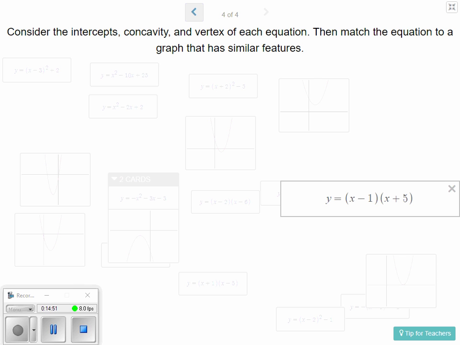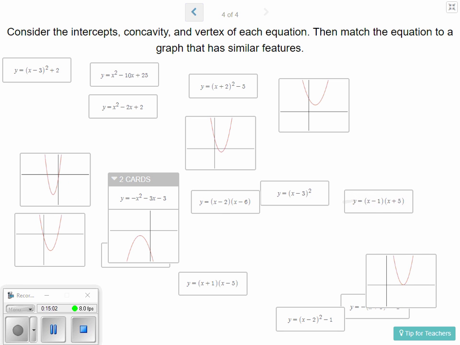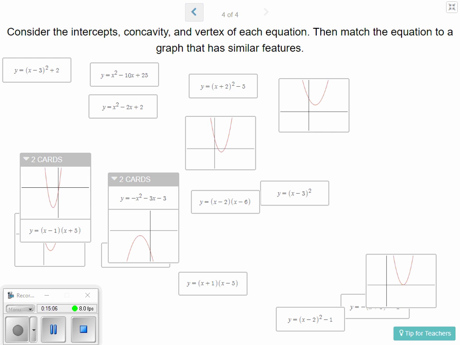Do we want a -1 and a +5? No, we want a +1 and a -5. So how about this one? That one looks good. All right, so then we match those up. So that's kind of the thought process I have when I'm solving these, is just what's the important information? How can I find it? How does it relate to these graphs?